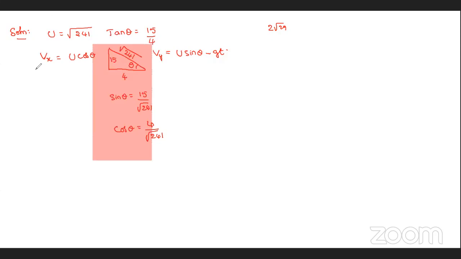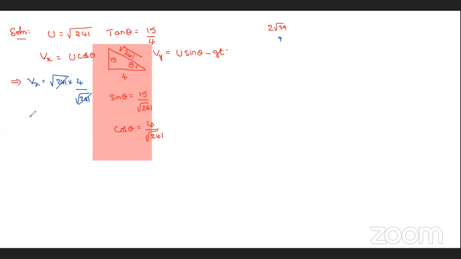Coming to here, Vx is equal to u cos theta. U is root of 241 into cos theta, 4 by root of 241.